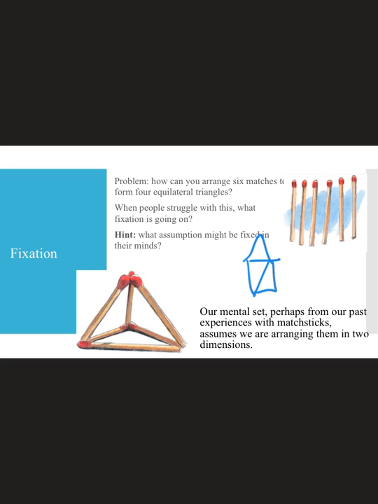This type of fixation has been called functional fixedness. The assumption which makes this problem difficult is that the problem must be solved in 2 dimensions. Functional fixedness is a specific type of mental set that involves only being able to see solutions that involve using objects in their normal or expected manner.